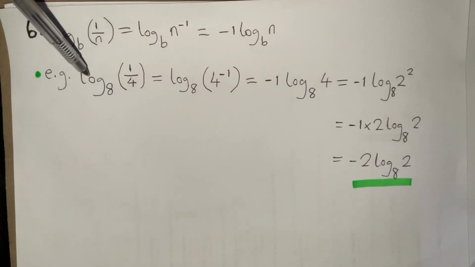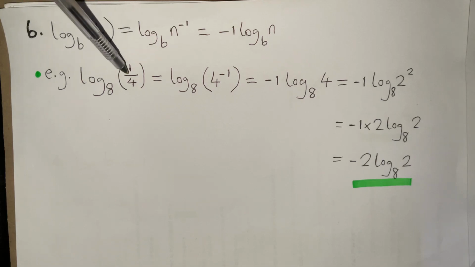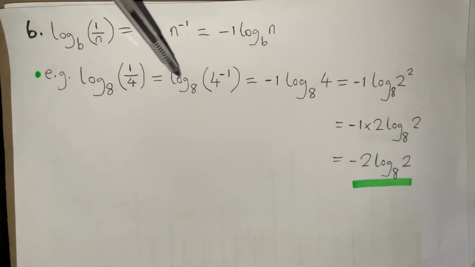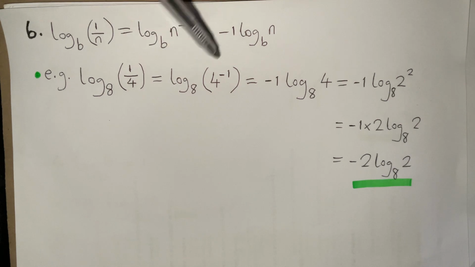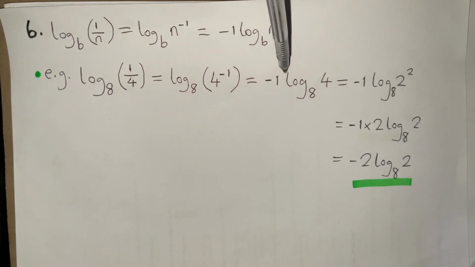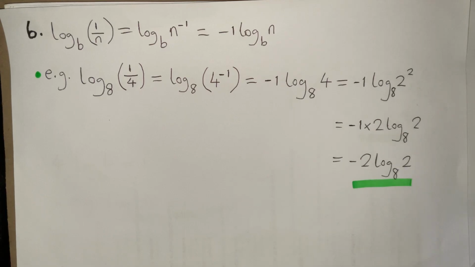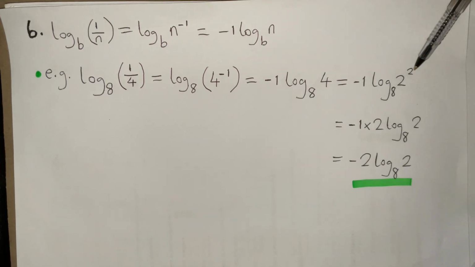As an example, log of 1 over 4 to base 8. 1 over 4 becomes 4 to the power minus 1. So log of 4 to the power minus 1 to base 8 becomes minus 1 times log of 4 to base 8. And this 4 can be simplified as 2 raised to the power 2.